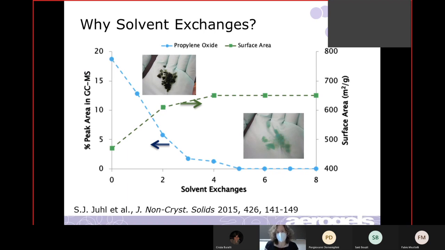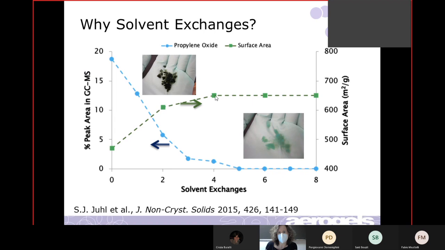Now we've decreased the amount of propylene oxide left over in the solvent significantly, and our surface area is up slightly above 600 meters squared per gram. And if we do 3 or 4 or 5 or 6 solvent exchanges, we get to the point where we are not getting significantly better aerogel, but it's just taking more time. And so typically we do 3 solvent exchanges.